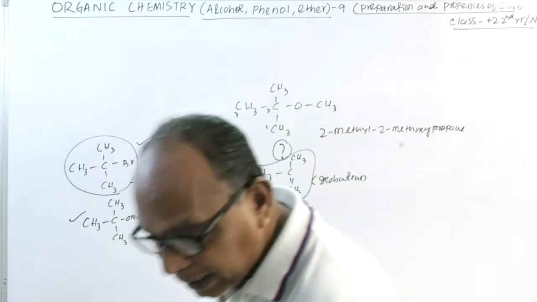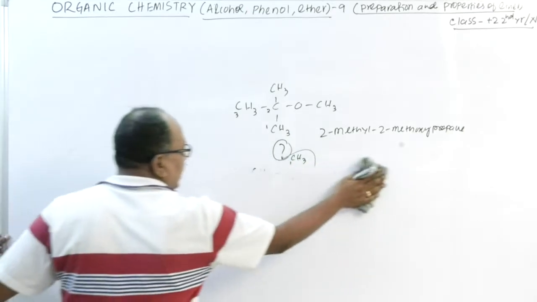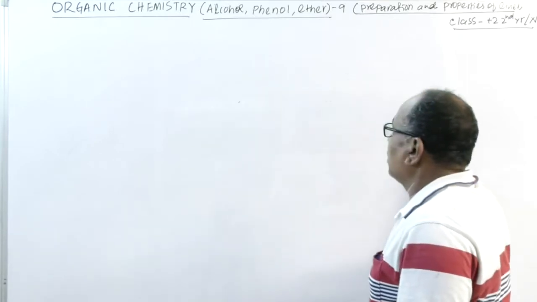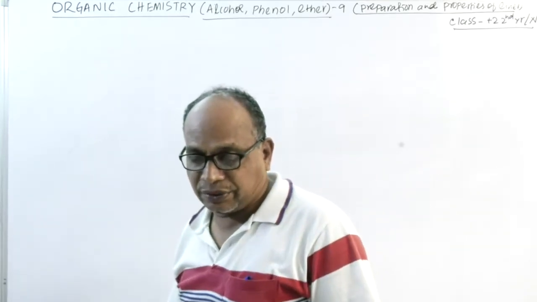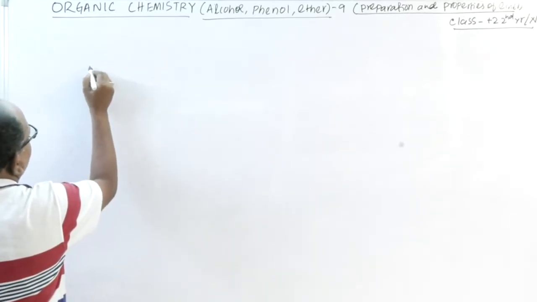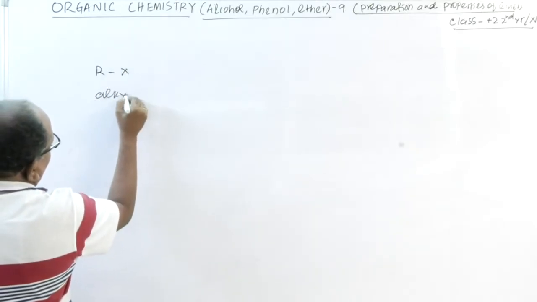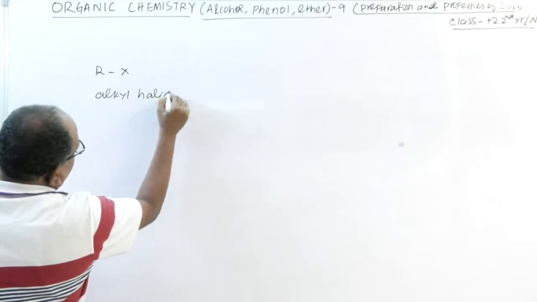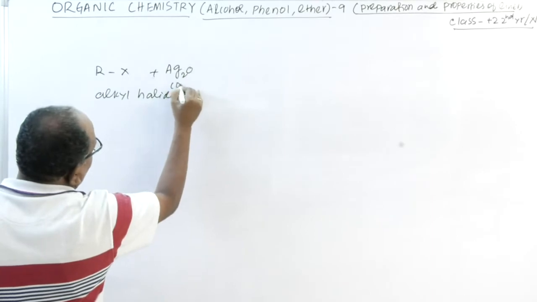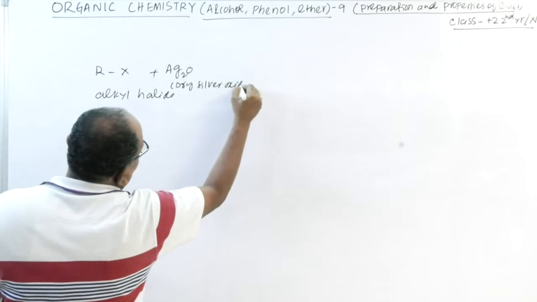Okay students, these are the methods of preparation of ether from alkyl halide, and another method is there. The alkyl halide, RX, is heated with dry silver oxide.